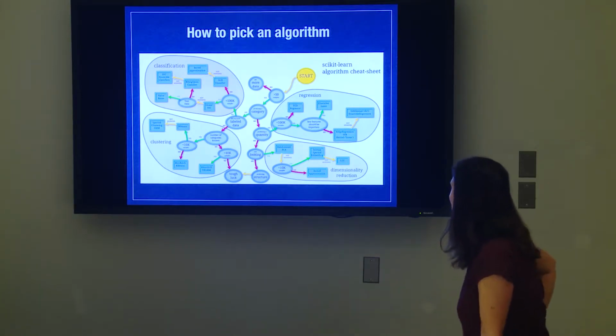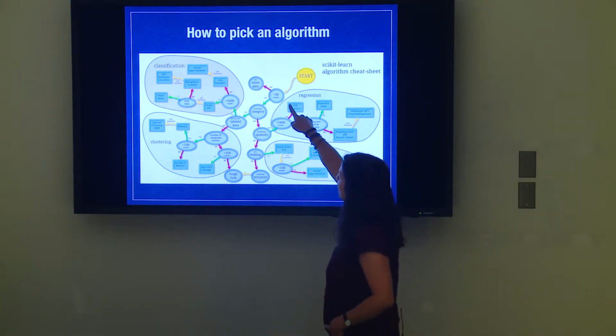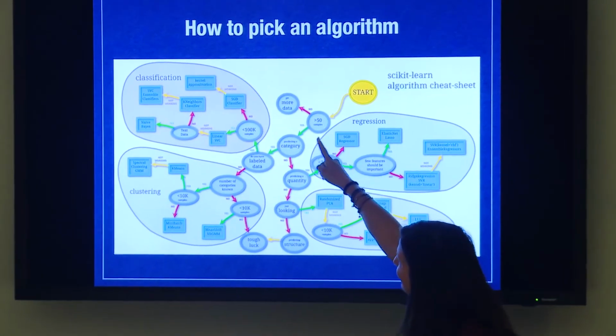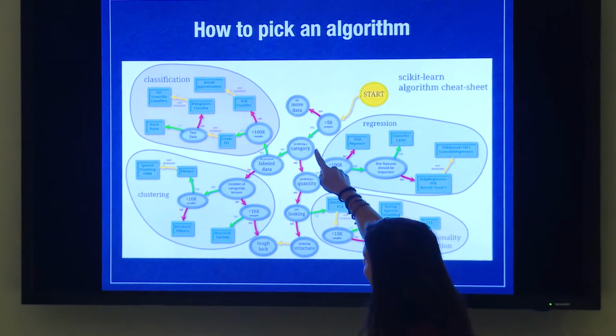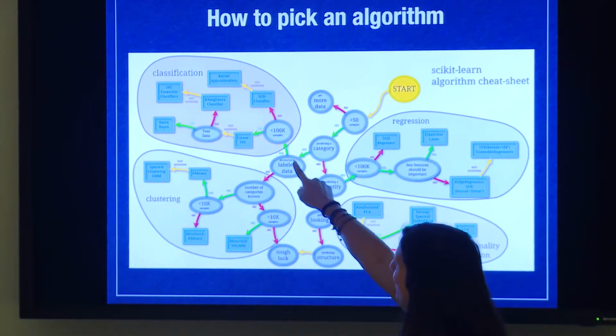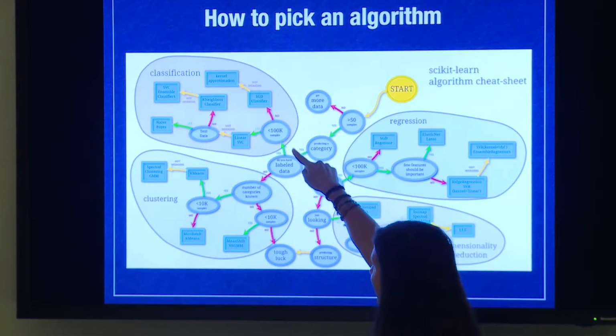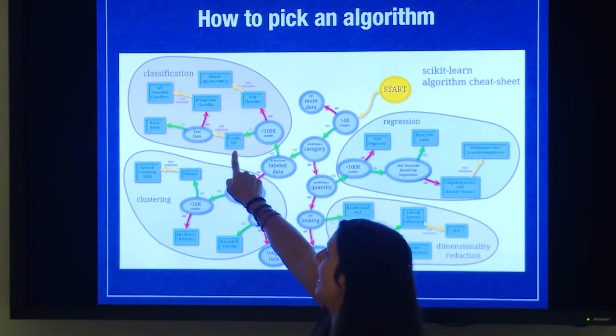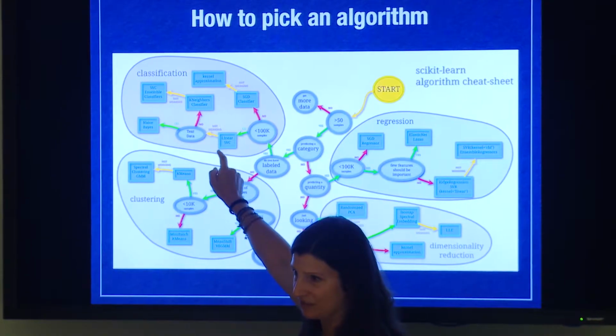It's kind of funny. You start: do you have more than 50 samples? No, get more data. But then it would be yes. In this case, I am predicting a category, so it's classification. Do you have labeled data? Yes. Do I have less than 100K samples? Yes. And the first suggestion is linear support vector classifiers.